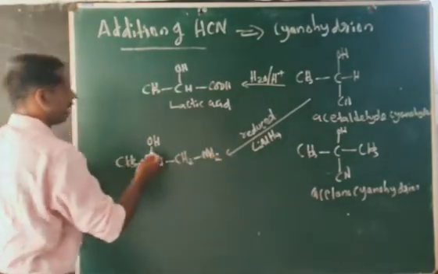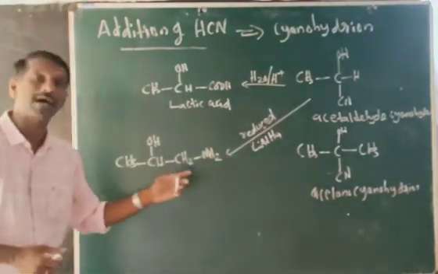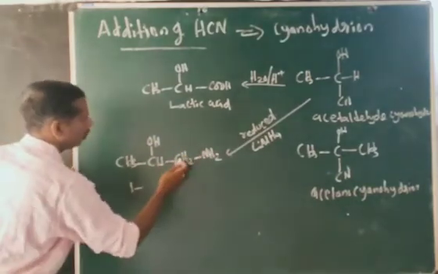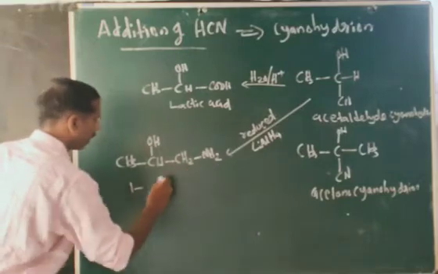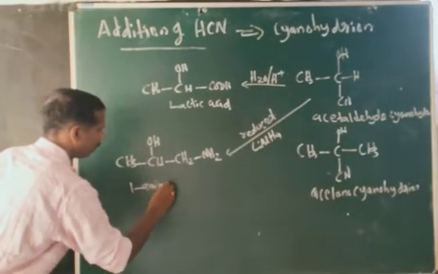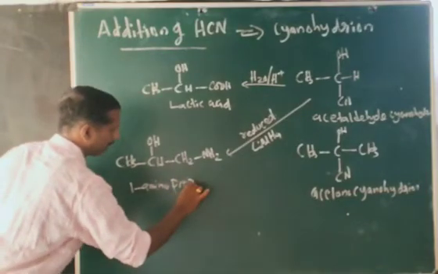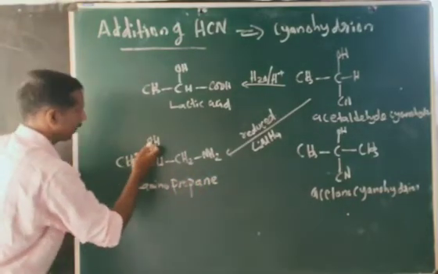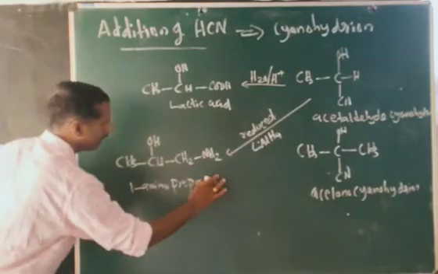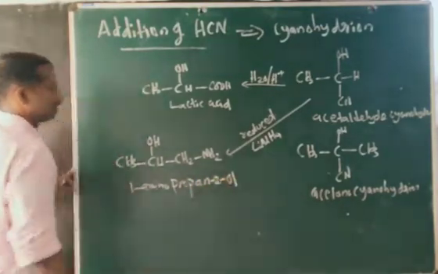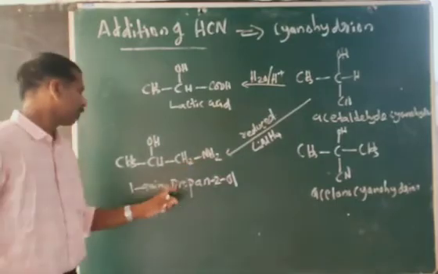This is an alpha hydroxy amine. What is this one? 1 amino, 1, 2, 3, a 3 carbon alkane, propane, and since the OH group is on the second carbon, propan-2-ol. So we get 1-aminopropan-2-ol.